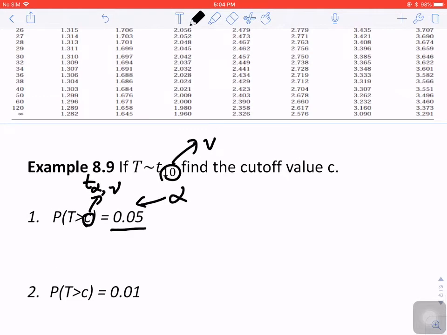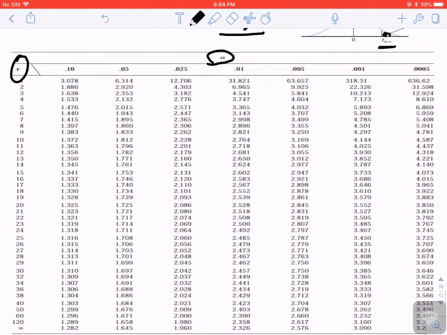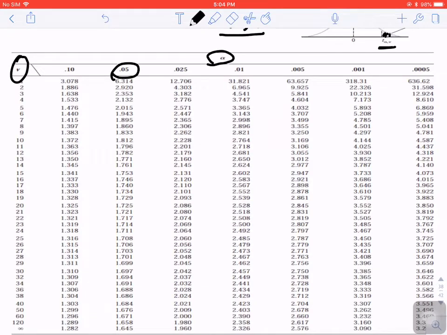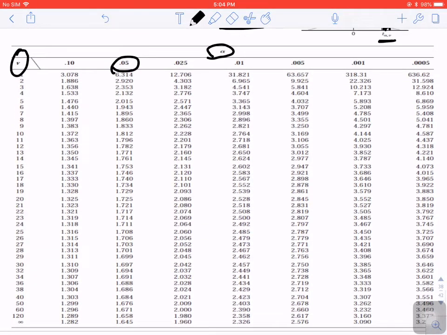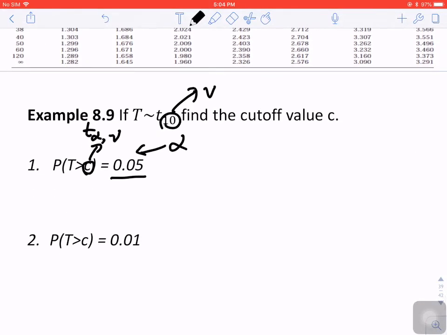So 0.05 is here, v is equal to 10, and you find the intersection, which is this one, 1.812. So c is equal to 1.812.